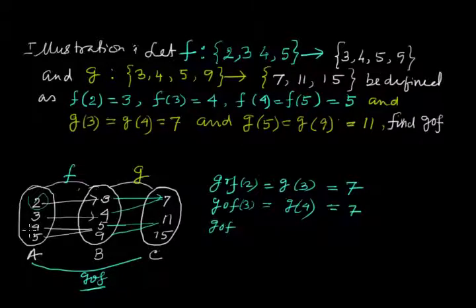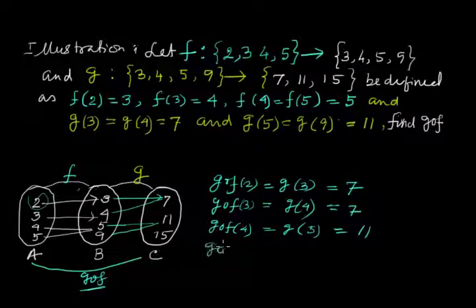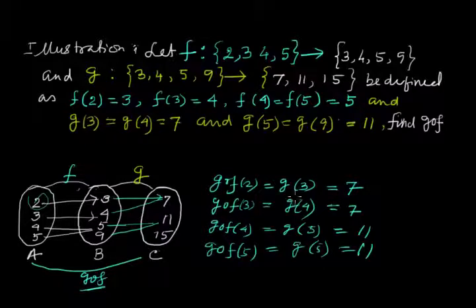Next one is g(f(4)), that is g(5), which is equal to 11, and g(5) is equal to 11. So in this way we got the composite function.